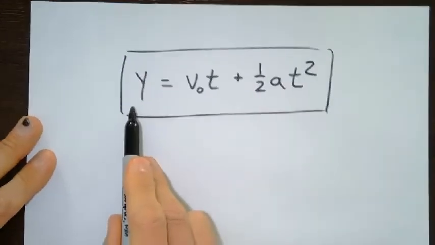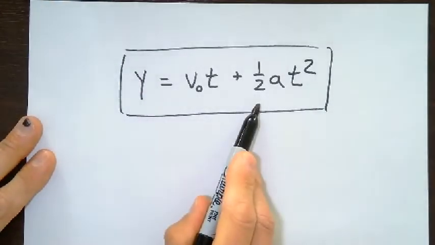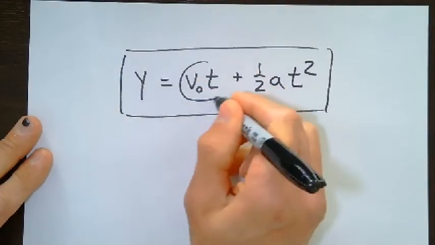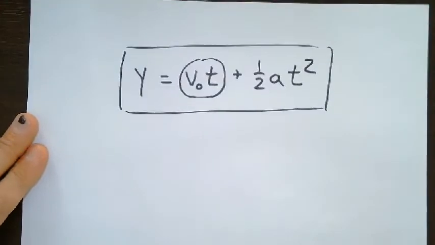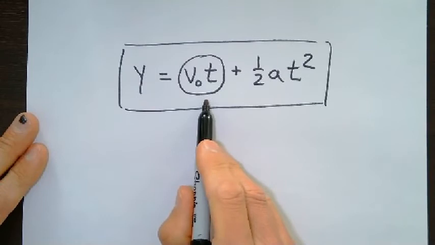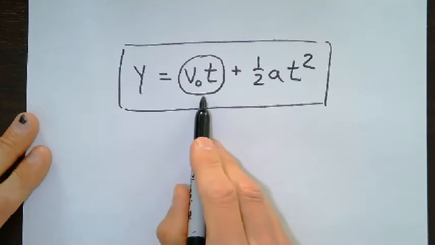And this formula looks exactly like the one we just talked about, with one difference. And that difference is you have an extra term here. And that extra term basically takes care of what happens if the object has some initial velocity to begin with.